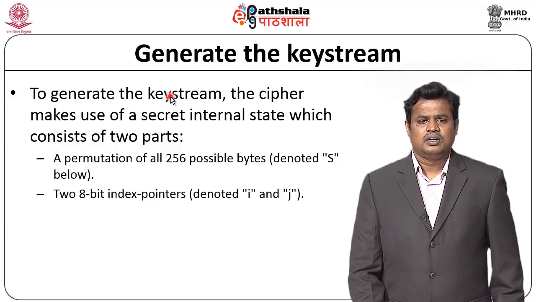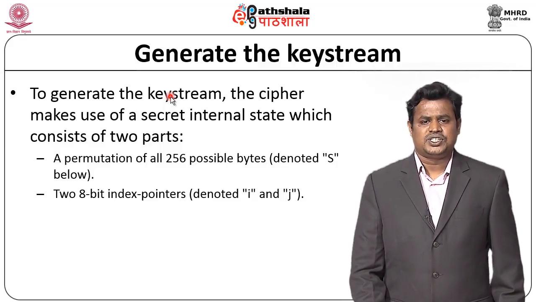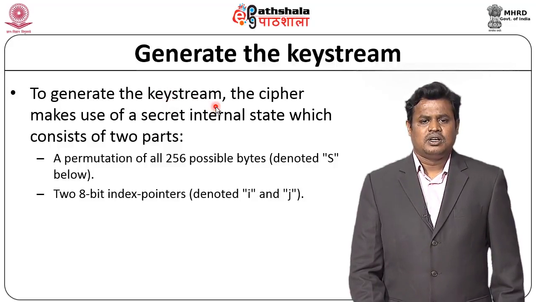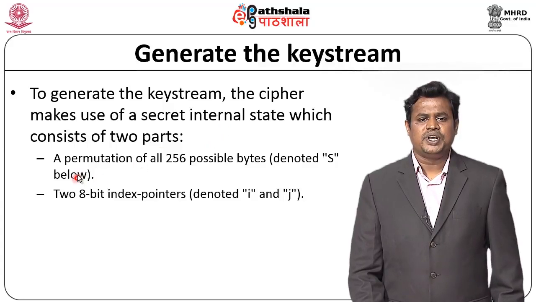We know very well that in a stream cipher we use the message byte stream and the key byte stream to generate the cipher byte stream. So, I want this key stream, and for that I need to use some secret internal states. This is based on the permutation of all 256 possible bytes and also two 8-bit internal pointers.